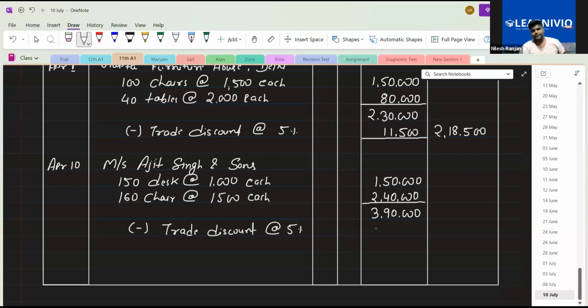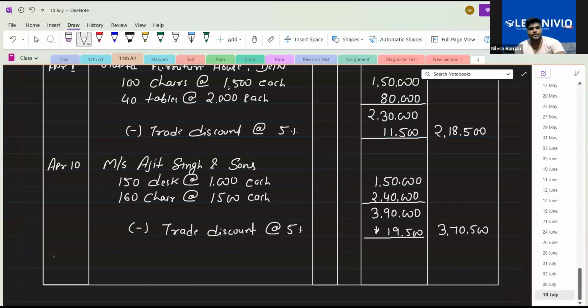So 5% means 19,500. The remaining amount will be 3,70,500.